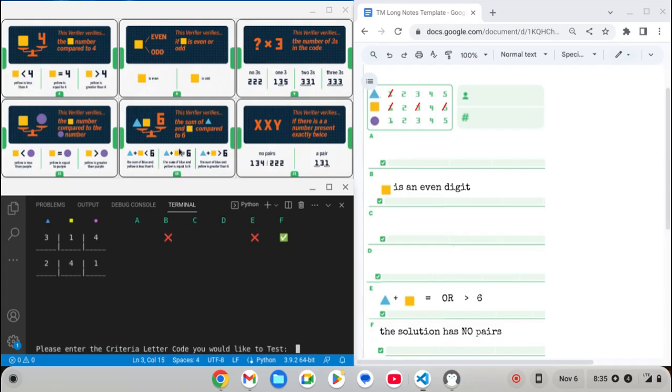All right, so let's go ahead and retest criteria card E, the sum of 6. Yeah, let's go ahead and do that. Okay, so yes, the sum is 6.